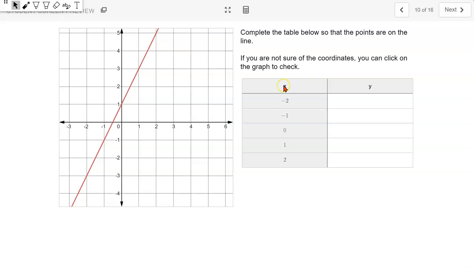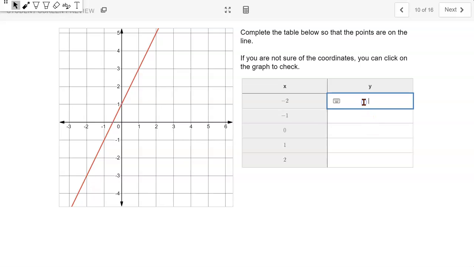And then the next one, I would like you to try to complete the table below so that the points are on the line. So what is that at -2? When x is -2, what is y? So if you're not sure about the coordinates, you can click on the graph to check. So like -2 on the graph, oh, that is -3.